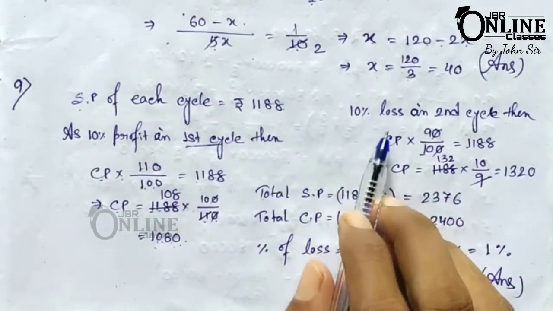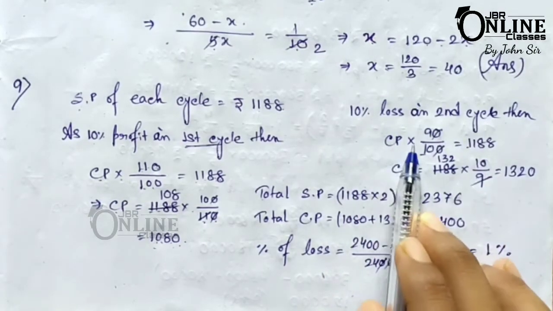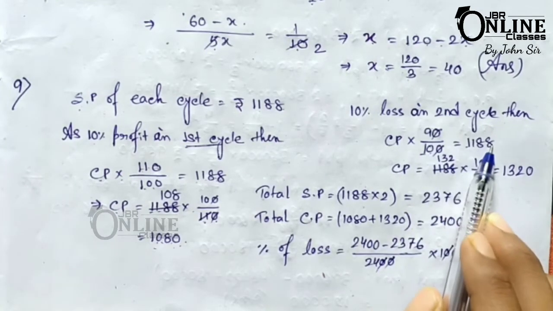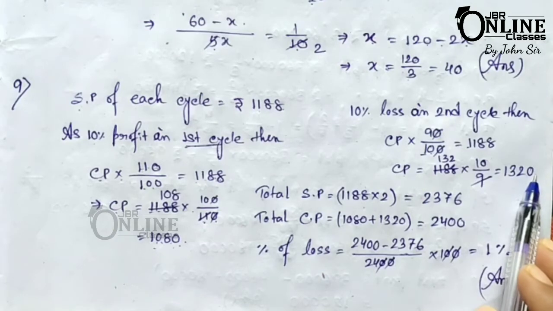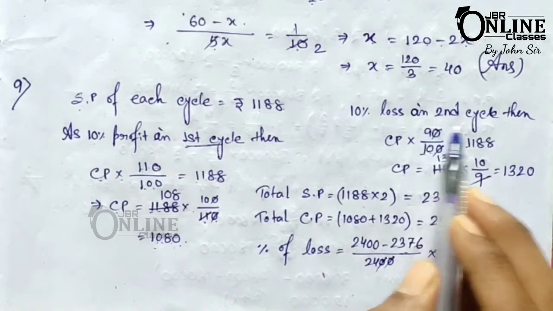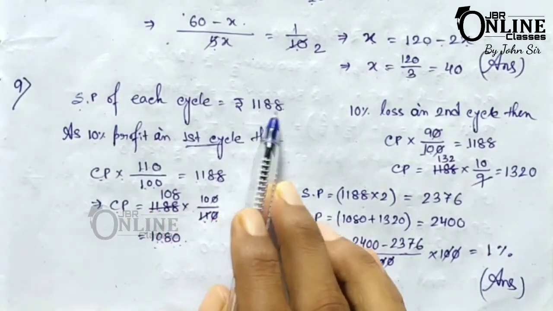Now the next one, 10% loss. So 10% loss in the second cycle, that means CP into 90 by 100 equals 1188. So here CP equals 1320. That means 1320 is the CP of the second cycle. So here the SP of each cycle equals 1188.